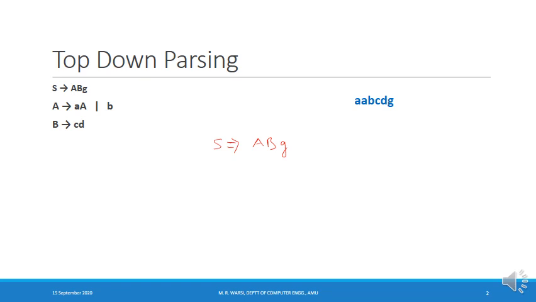Any string which is derivable from this sentential form can be broken into three components. First component, which is derivable from capital A, followed by the component which is derivable from capital B, and at the end there has got to be a small g.